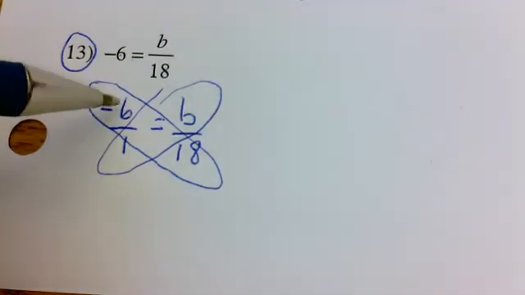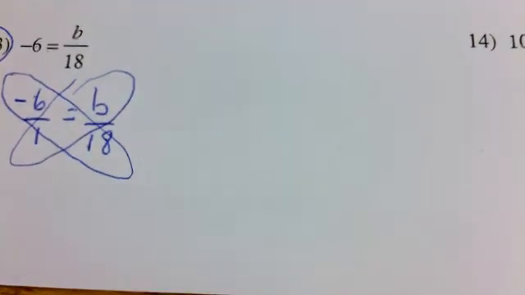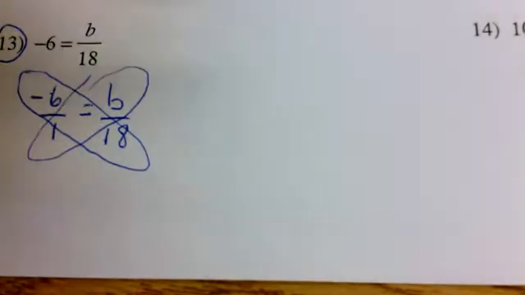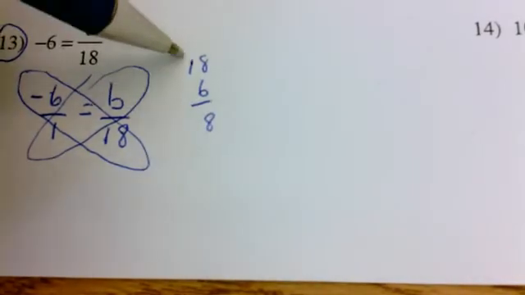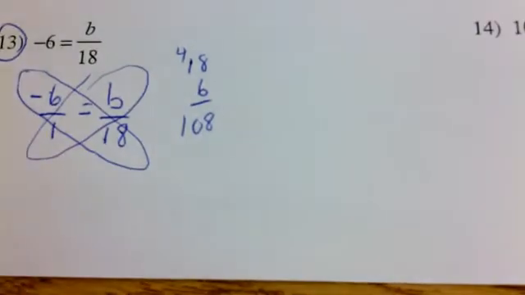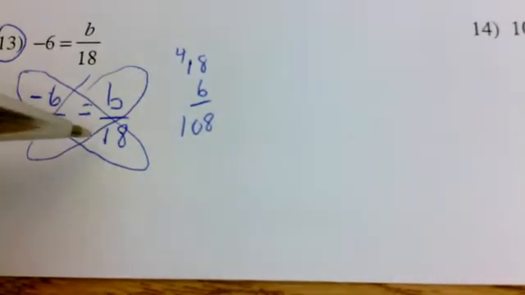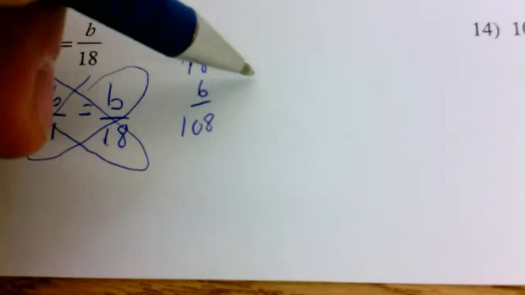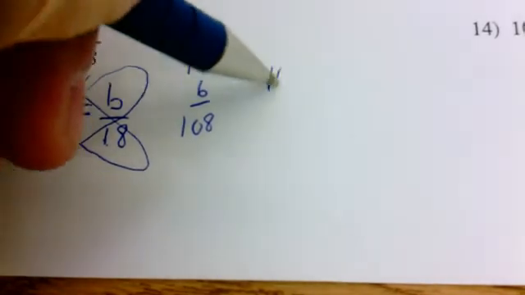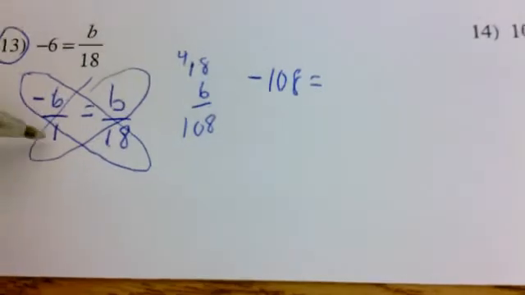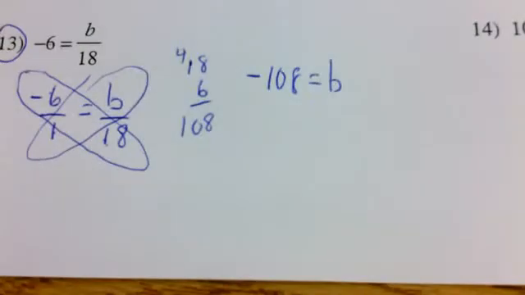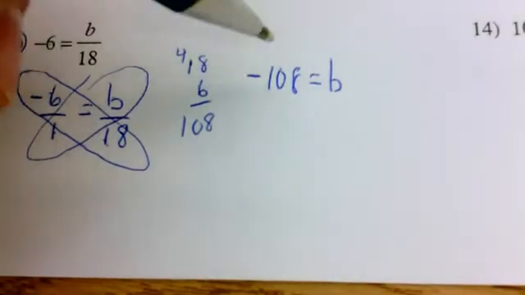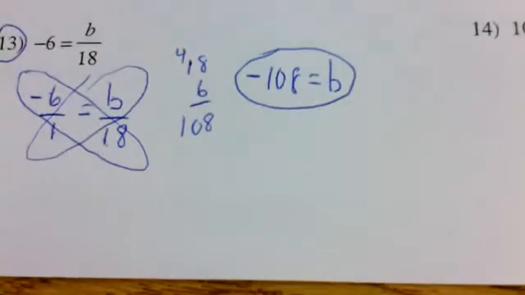We're going to do negative 6 times 18. So 18 times 6 is 108, and then negative times a positive is a negative, so it's going to be negative 108 equals 1 times b, which is just b. Since we got b alone, the answer is negative 108.